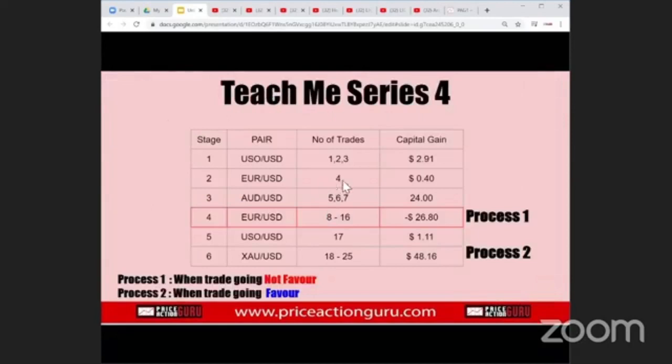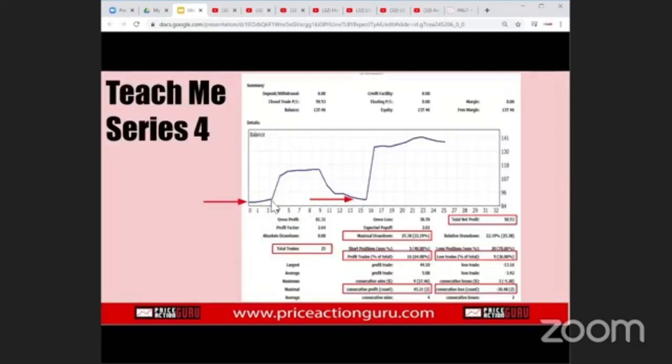The number 4 trade, I was only able to make 40 cents because it was not moving in my favor. So I cut loss and exit with the 40 cents. The next trade I took was Aussie USD, 5th, 6th and 7th. The total is 24 USD, where this is the trade that really gave me the upside.